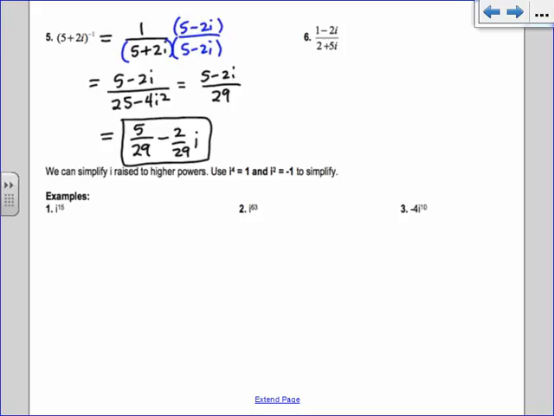All right, next up. So I'm going to do 2 minus 5i, 2 minus 5i. So you're going to try it along with me.